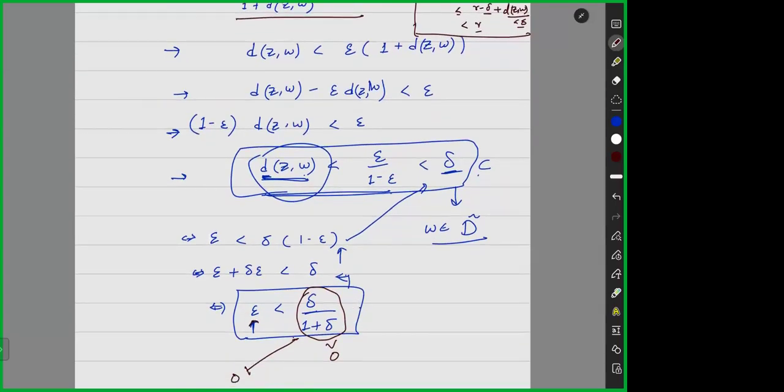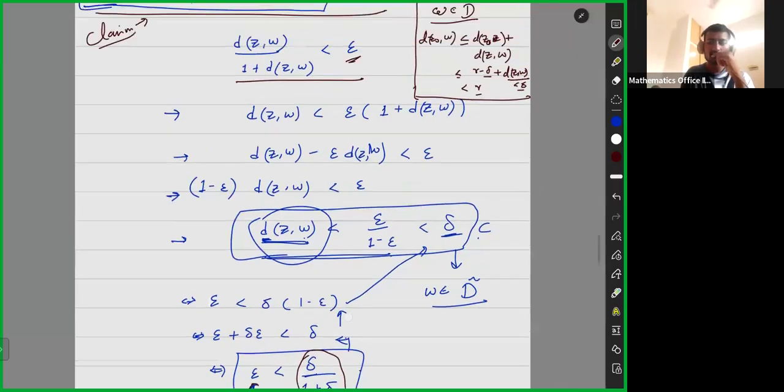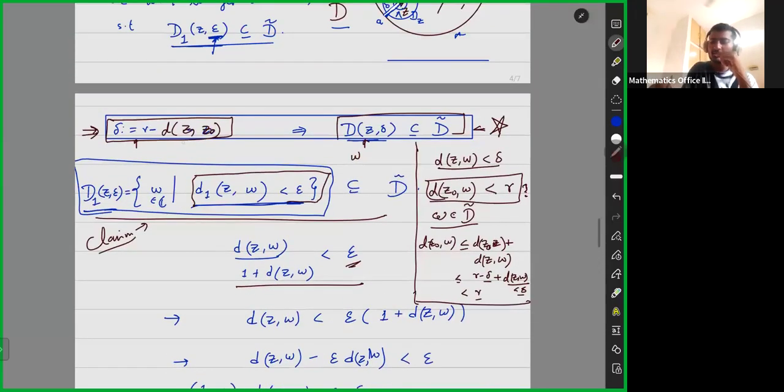Delta is not a metric. Delta is a real number. This r is also a real number, and d z not is also a real number.